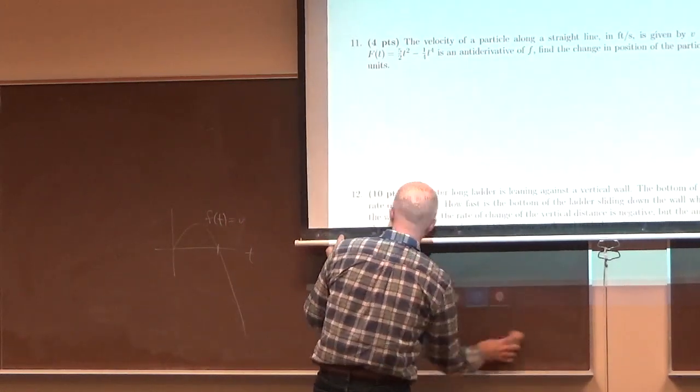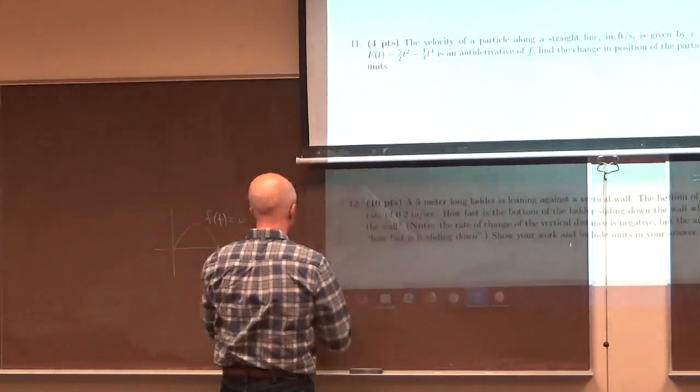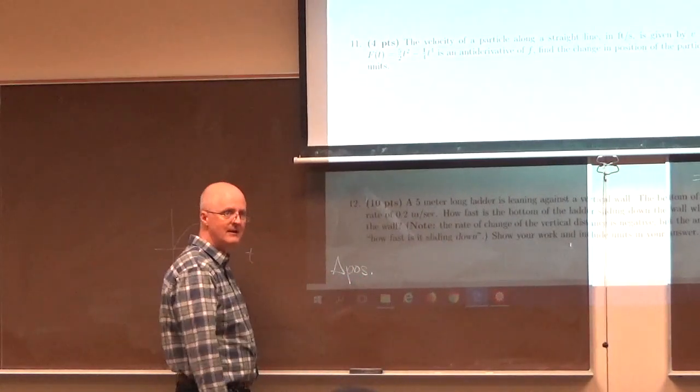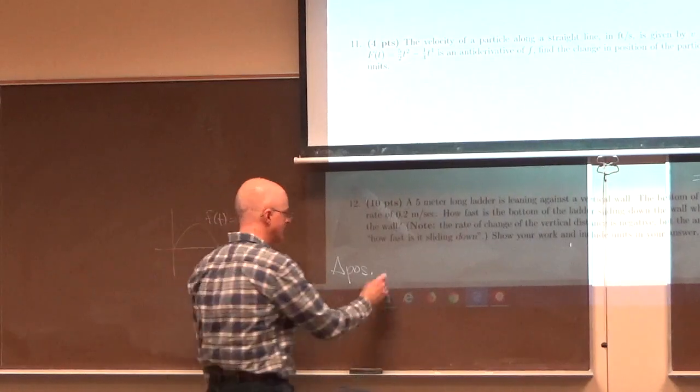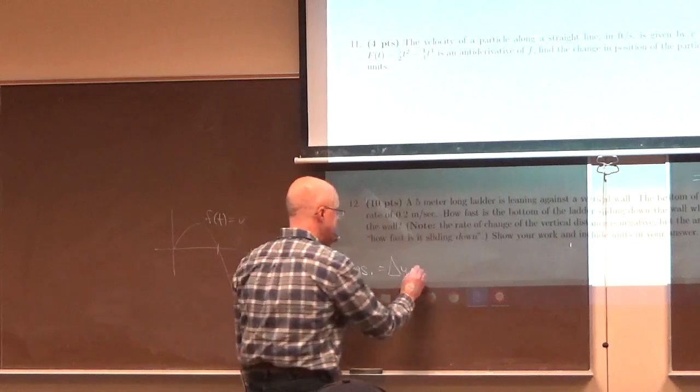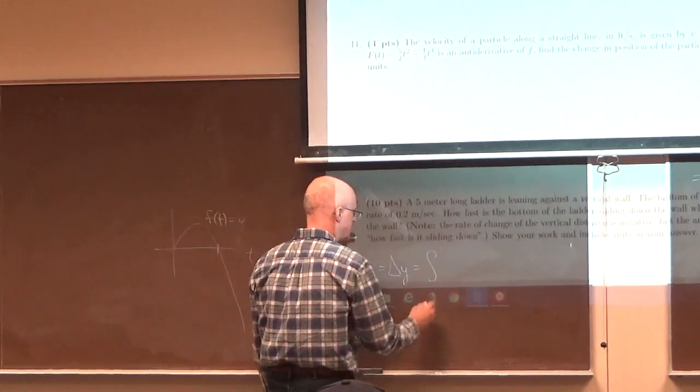The Fundamental Theorem of Calculus says that the change in position, delta position, or delta y or delta x, whatever you want to call it, is the integral of the derivative, the integral of the rate of change.